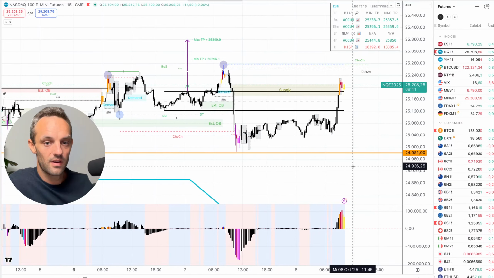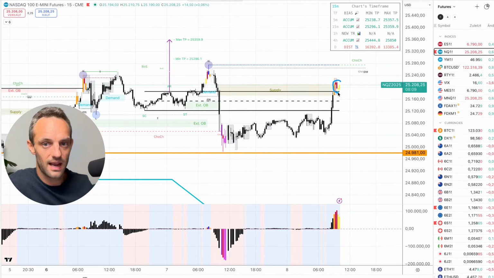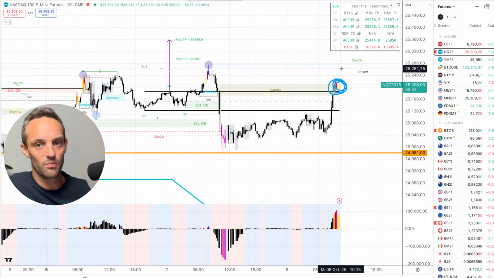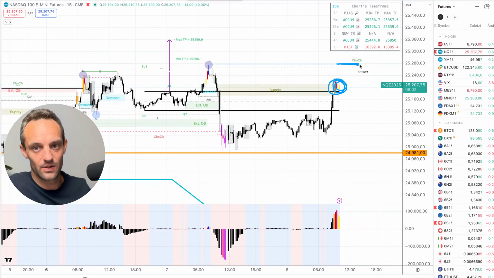This volume, these algorithms which are coming now, they need to break this liquidity level with new all-time highs.